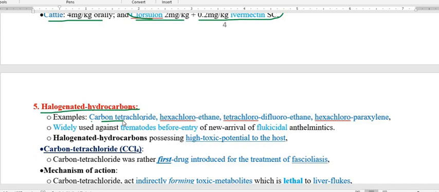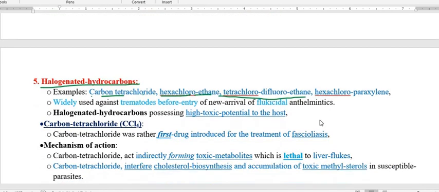So hydrocarbons get halogenated, like carbon tetrachloride, then hexachloroethane, then tetrachlorodifluoroethane, and the last one is hexachloroparaxylene.